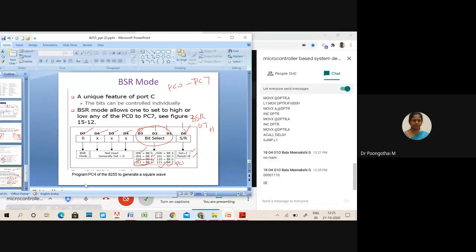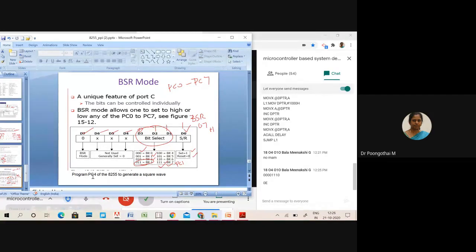For the next program, you have to program PC4 of the 8255 to generate a square wave. Select your PC4 according to this table, set the corresponding bit first, and find out the control word for PC4 selection. The purpose of this mode is individual device control.